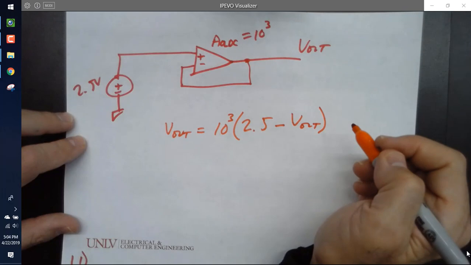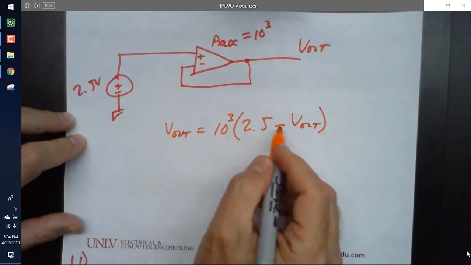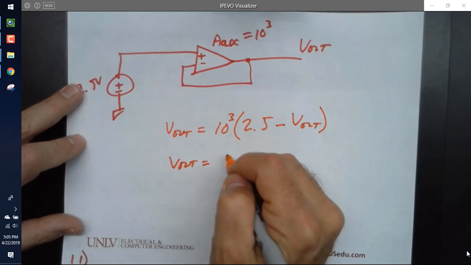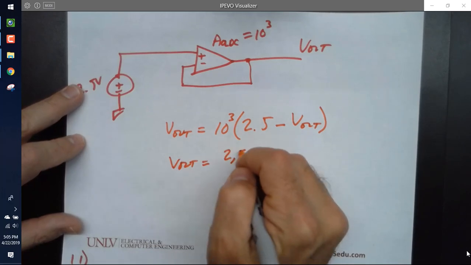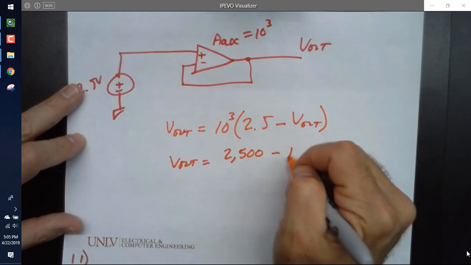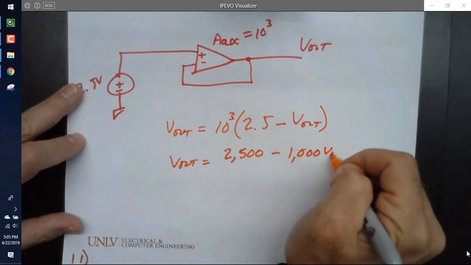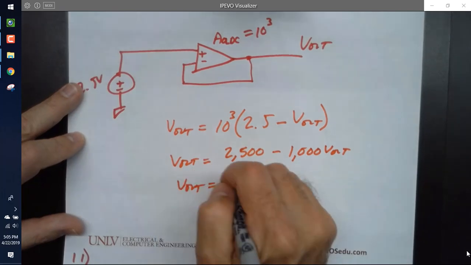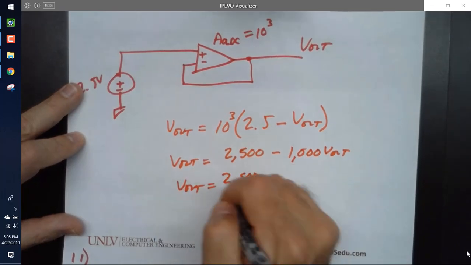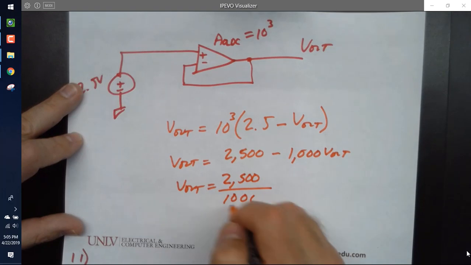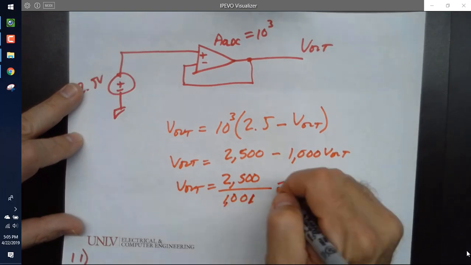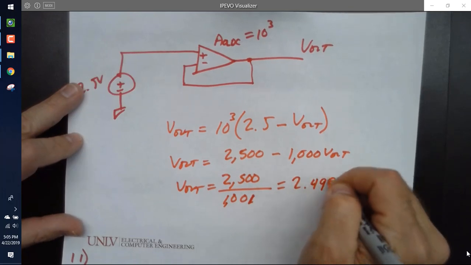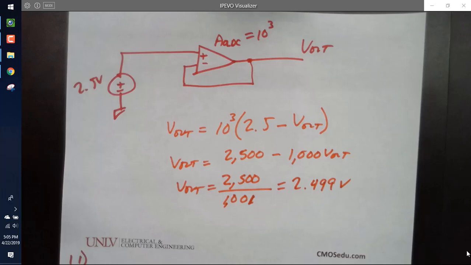And so when I do this, what I get is the following: V out is equal to 2,500 minus 1,000 V out, or V out equals 2,500 over 1,001, and that's equal to 2.499 volts, something like that.